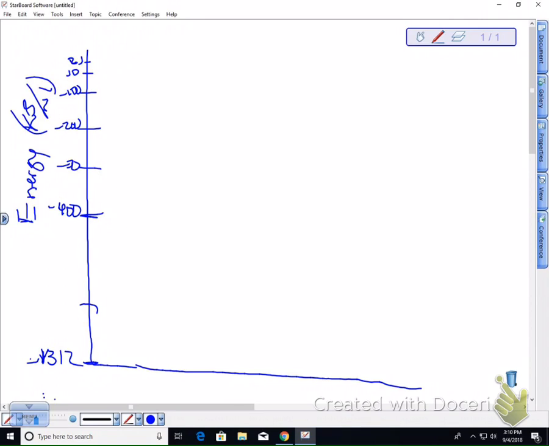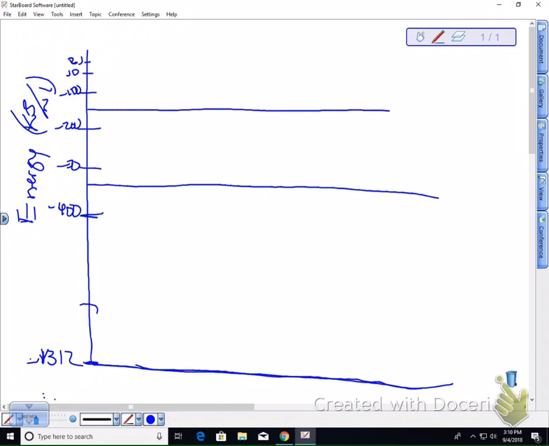Energy level 1 was all the way across the bottom, so that's going to look like our x-axis. And then energy level number 2 had an energy of about negative 328. So about right here. And then for energy level number 3, I calculated negative 145. So that's about in this neighborhood. And then negative 82, so that's about right here.